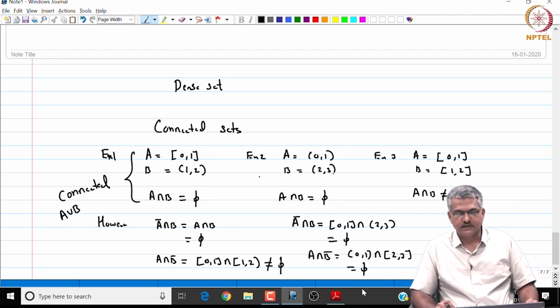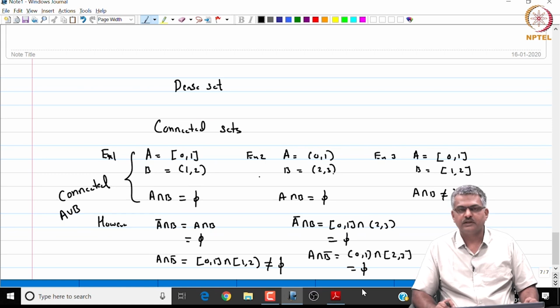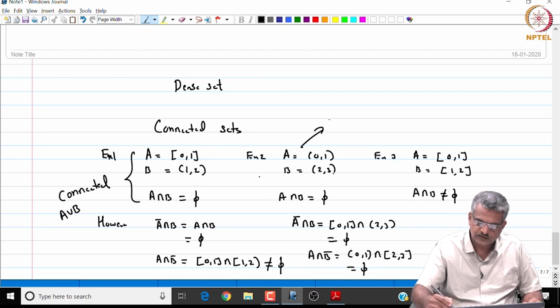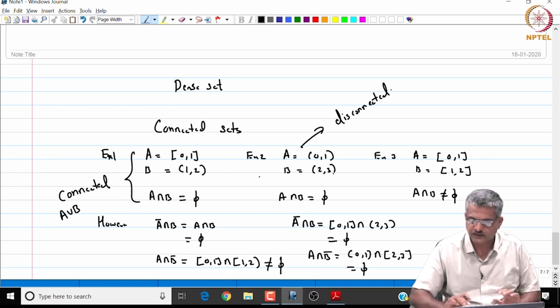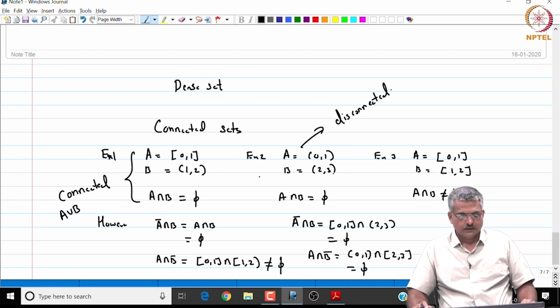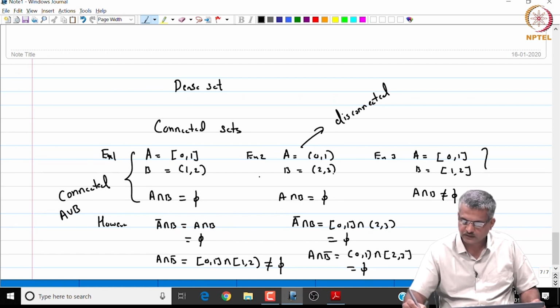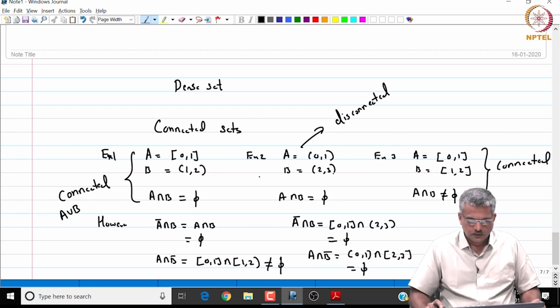So, it satisfies the definition of two sets being separated, right. So, they are disconnected. So, this is an example which is not connected, or disconnected, or we also use the word separated, right. Whereas, here obviously they are not separated. So, they are connected.